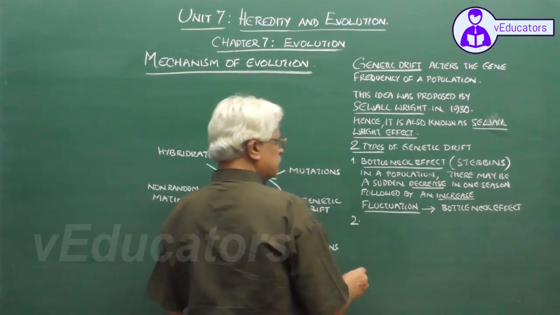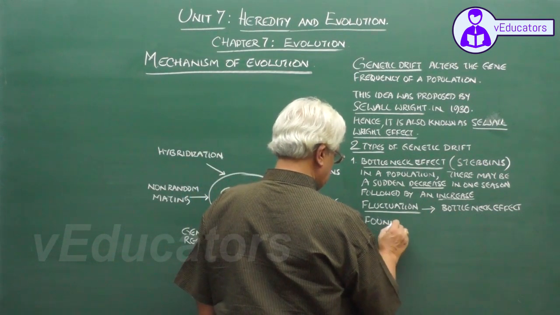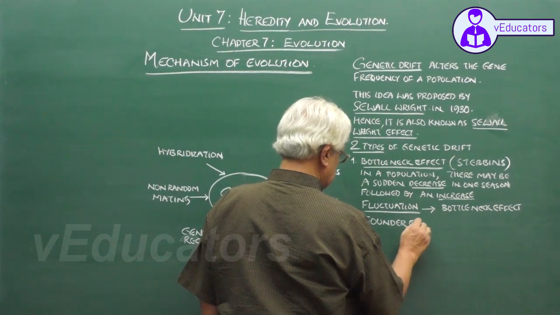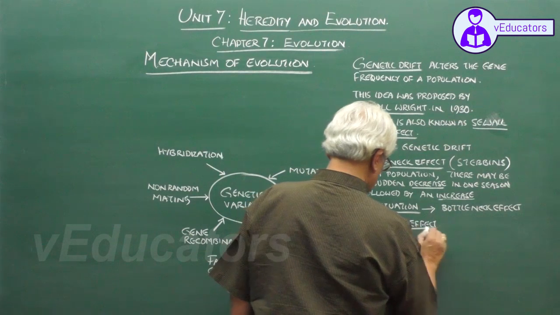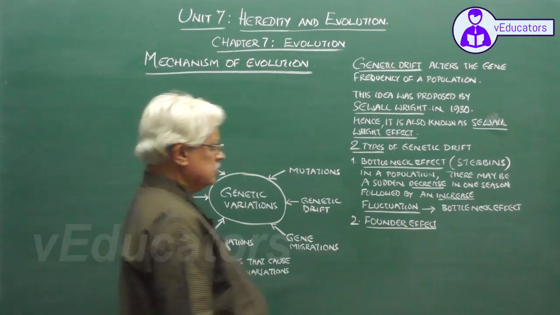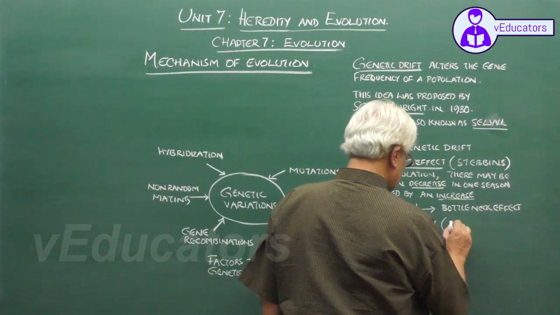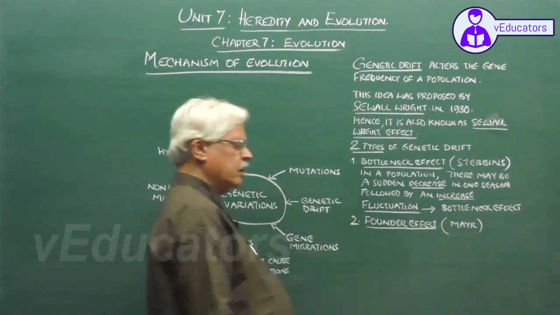Another type of genetic drift is called founder effect. This idea was proposed by a biologist by name Mayer.